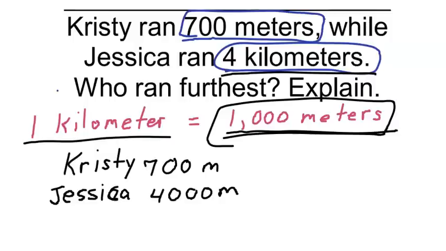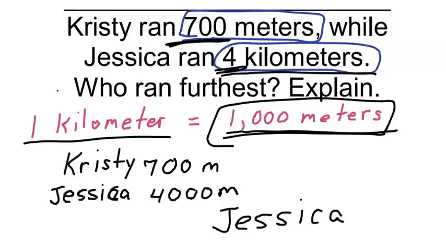At this point, I think it's really clear who ran further. Obviously, the person who ran further was Jessica by quite a long distance. Even though initially it might look like Christy ran a lot more because there's a 700 in comparison to a 4, when you actually compare them apples to apples, where they're both meters, using the same unit, it's clear that Jessica ran way more than Christy did, and there's your answer for that one.